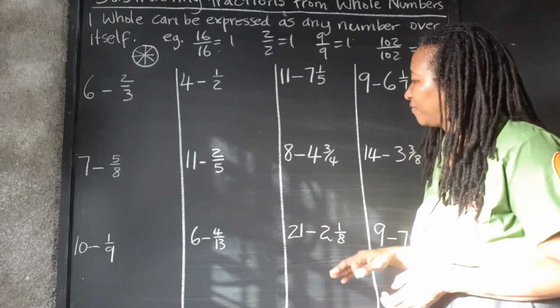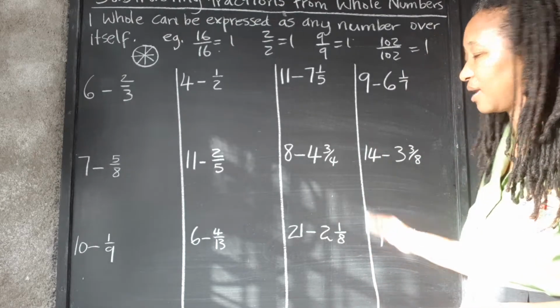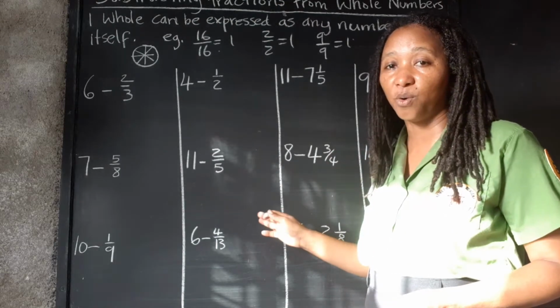And I've given 6 examples of taking mixed numbers from a whole number.